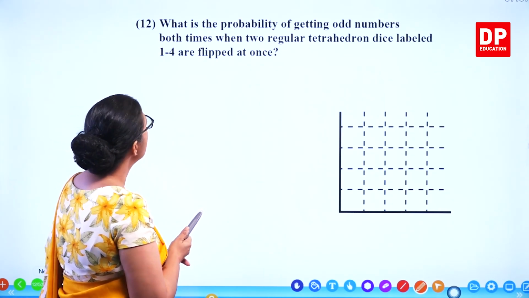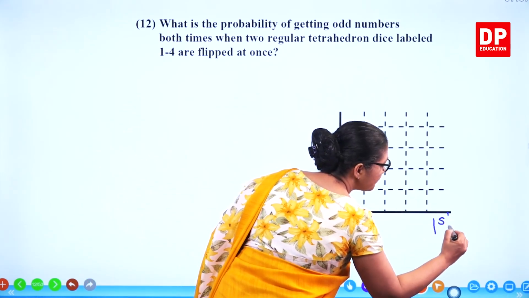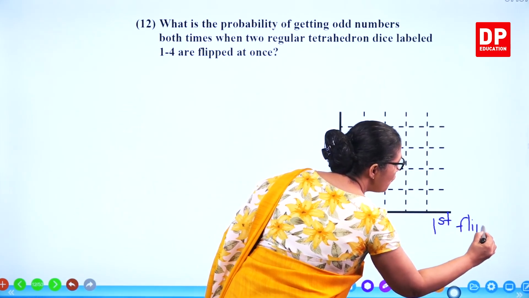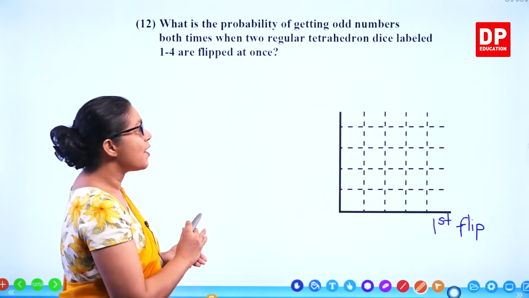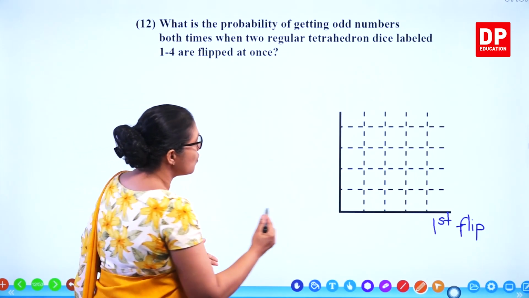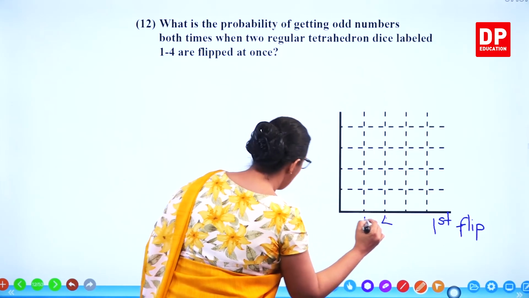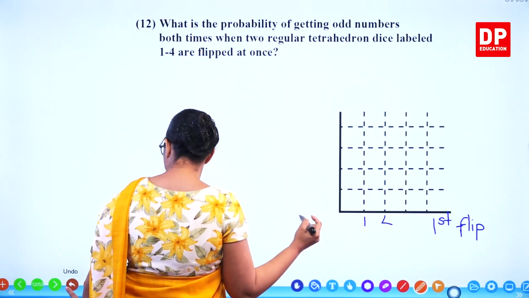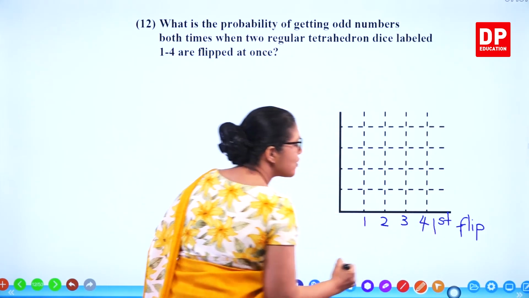We'll take one side as the first flip. When you flip once, what are the possibilities you can get? This is a tetrahedron die, so 4 sides, 1 to 4: 1, 2, 3 and 4. Those are the possibilities.